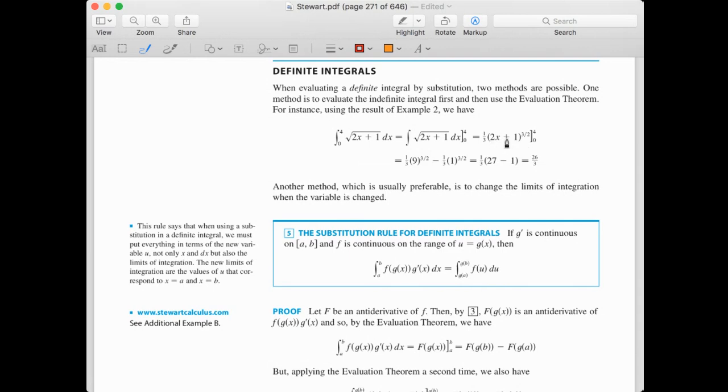Evaluation at 0, 0 is just 1, right? Evaluation at 4, 2 times 4, that's 8. 8 plus 1, that's 9. So 9 raised by 3/2, right? 9 we can write as 3 squared. So 3 squared, then raised by 3/2, that's 3 raised by 3, which is 27. 27 minus 1, 26. Okay, and then we get 26 over 3. So that's the definite integral, right?